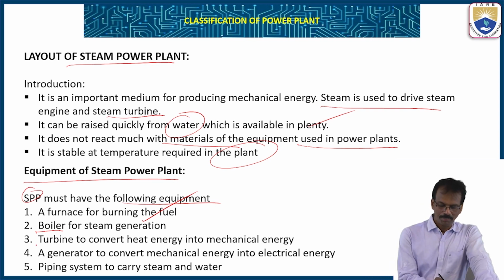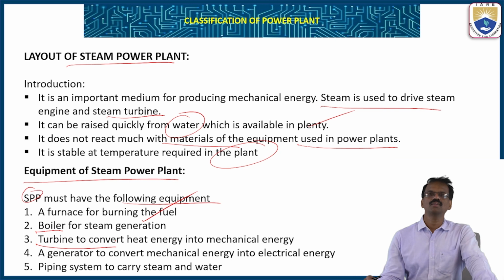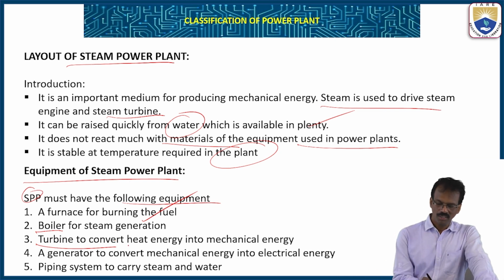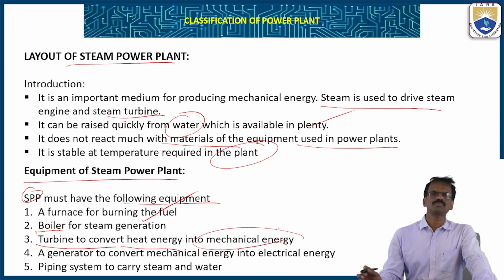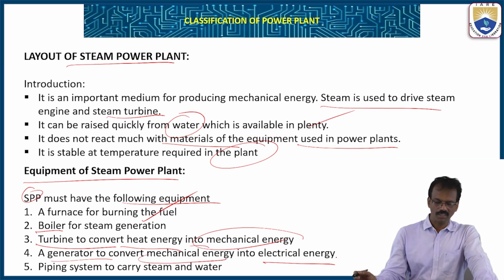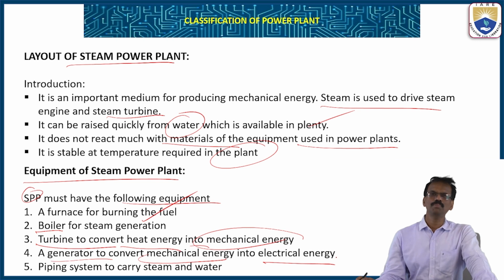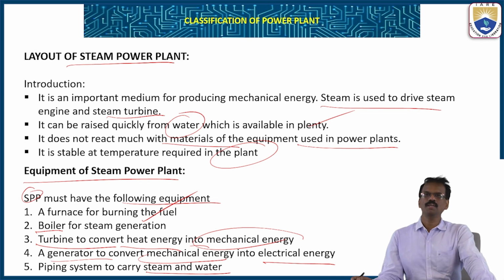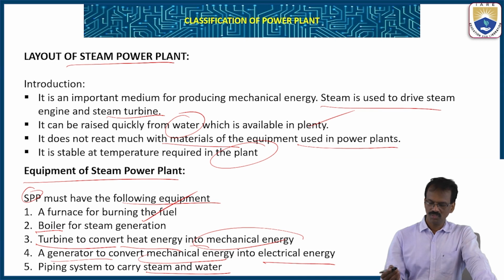Third one is the turbine, which with the help of steam converts the heat energy into mechanical energy. Fourth one is the generator, to convert the mechanical energy into electrical energy. Next is the piping system to carry steam and water, to pump the water into the boiler from the condenser. So these are the main points.